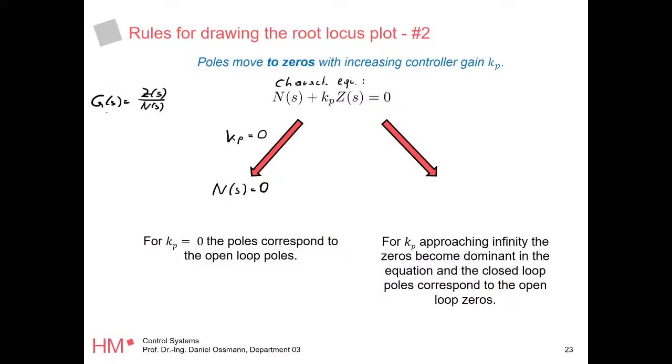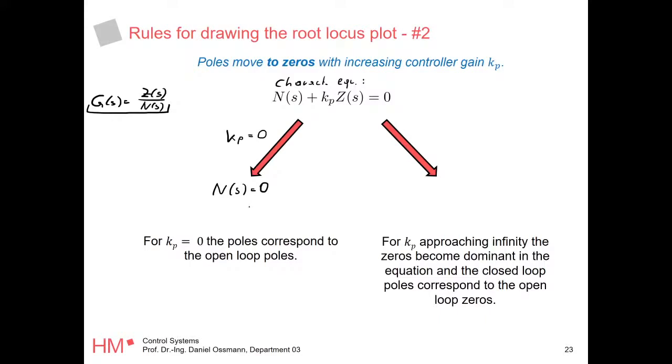And if you don't have any controller, this is all what you have, right? So if you set your controller to 0, you are left with the open loop poles, right? Meaning that this is actually your starting point.